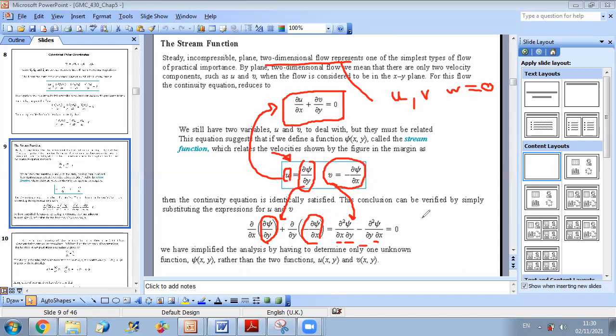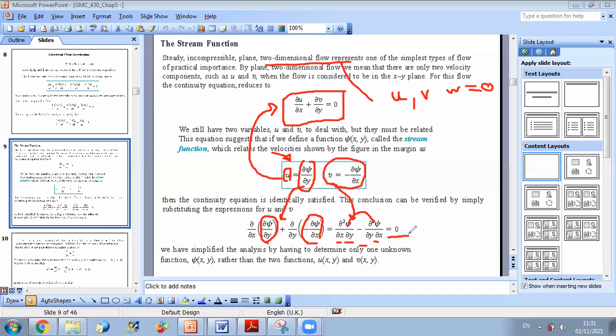And you know well that if I derive first with respect to y, then with respect to x, or if I do the opposite, I will still obtain the same result. This is why these two terms are equal to each other. So I will always get then that the result is 0.